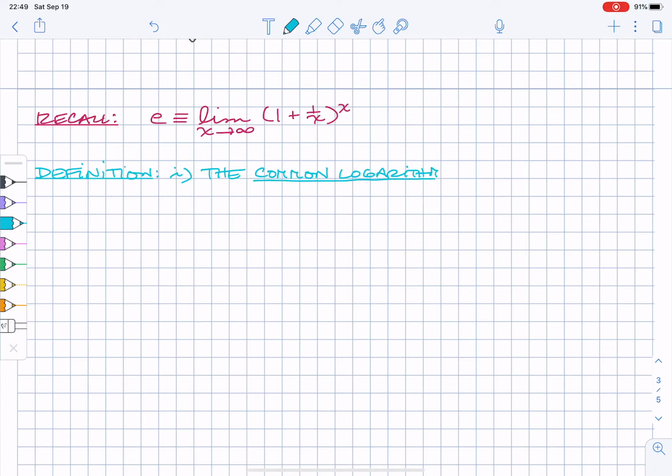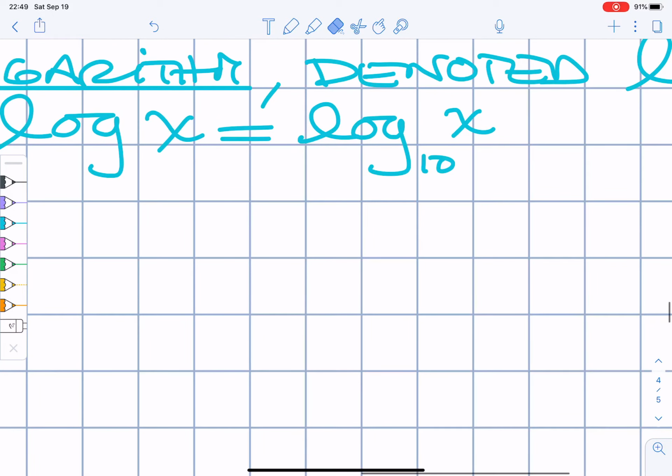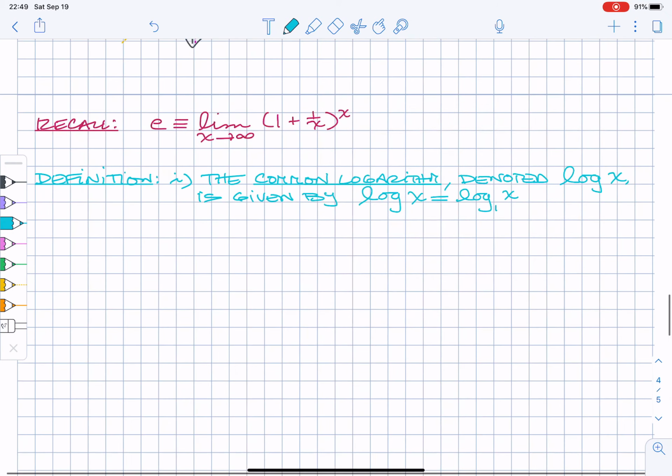The common logarithm, denoted log of x, is defined to be log base 10 of x. Okay, let me write that base 10 a bit better.